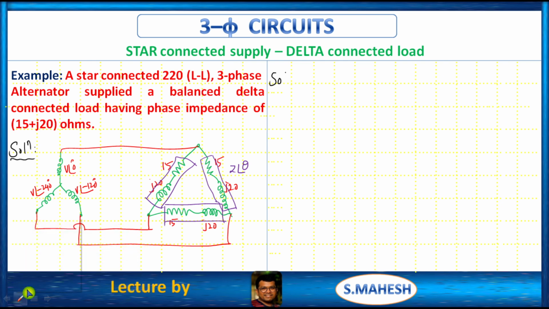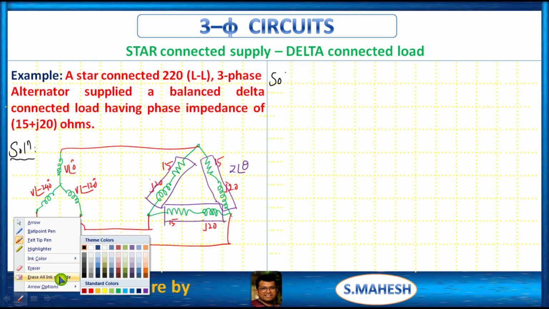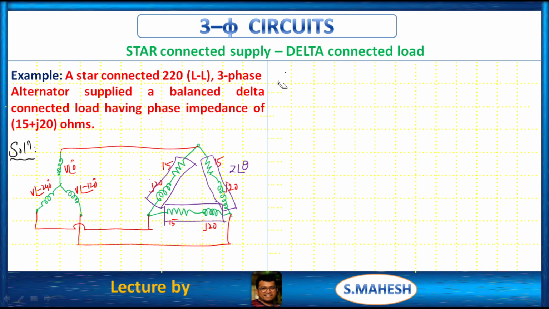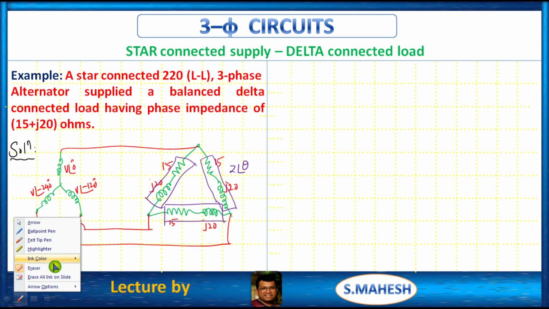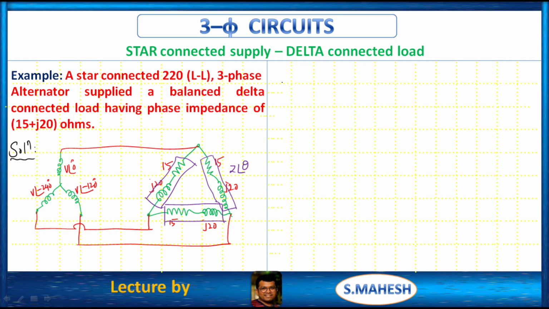before doing the analysis, first we have to write the voltage and current relationships in star and delta. Okay, we are writing star connected supply, delta connected load, right?